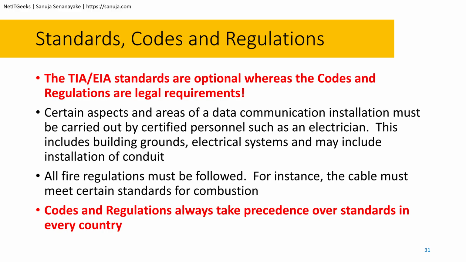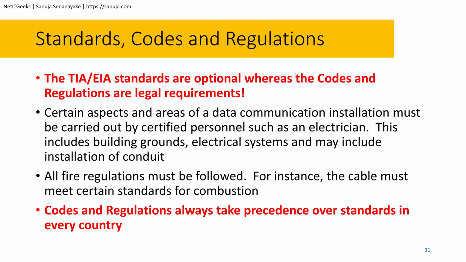There are situations where you also need to follow certain regional regulations that are not in the standard. For example, if a certain area in Canada is prone to flooding, there may be codes and regulations made by city or local governments saying that you cannot have electrical or electronics equipment rooms below ground.